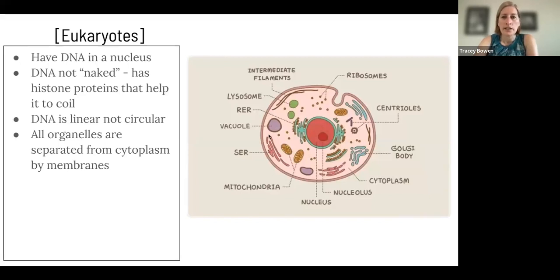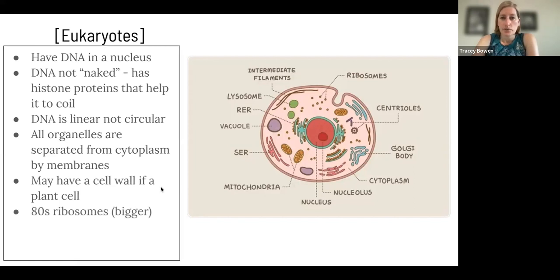All the organelles inside a eukaryotic cell are separated from the cytoplasm by membranes. You can see all of these little membranes on the outsides of things here, and that allows each compartment to do different jobs. If it is a plant cell, it will have a cell wall, but not all eukaryotes have cell walls. Animal cells do not, for example. They have 80S ribosomes.